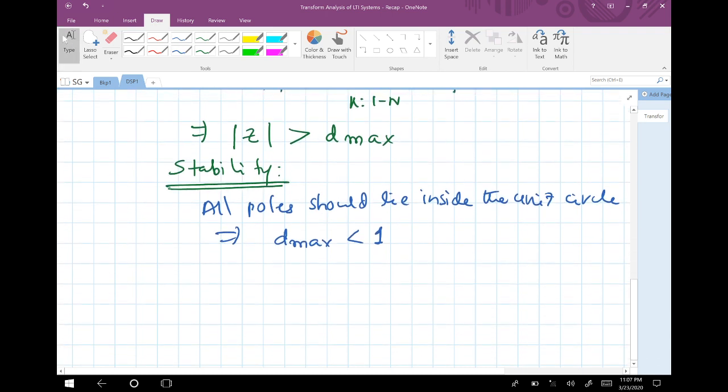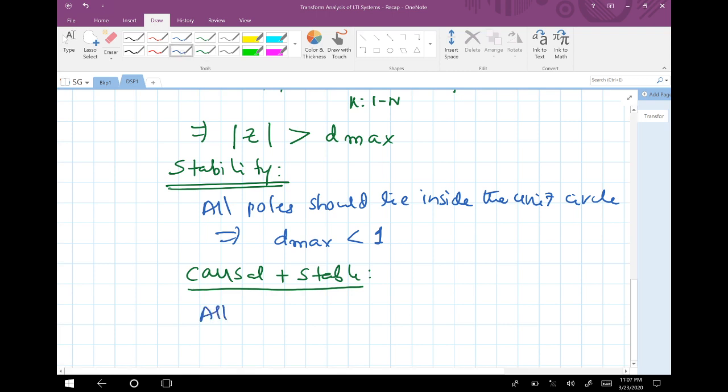Now if you want the system to be both causal and stable, that's the kind of system you are looking for. Then what should happen? All poles should lie inside the unit circle and the ROC should be outside the outermost pole. So both the above two conditions should get satisfied.